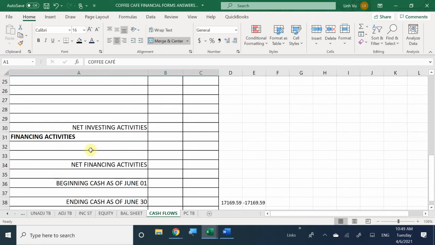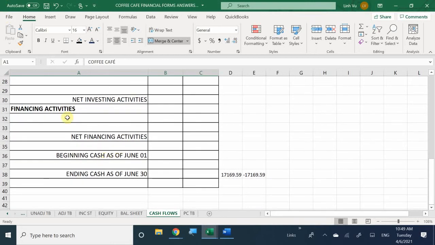And then, of course, we need to also counter it against the beginning balance of our cash, as well as our ending balance in our cash, okay? And that's going to give us our statement of cash flows.